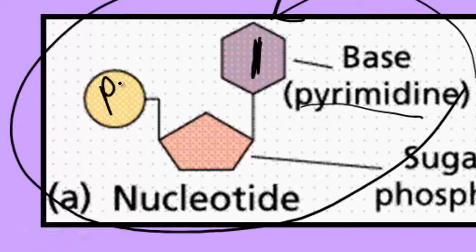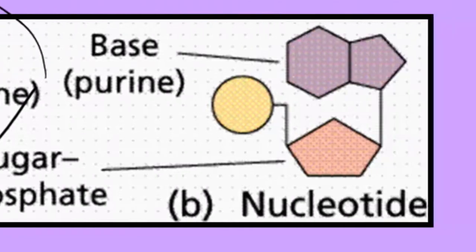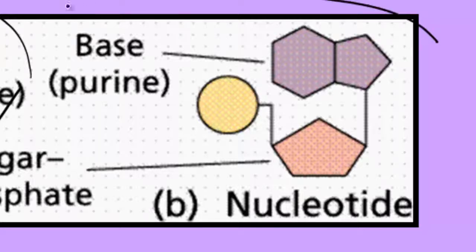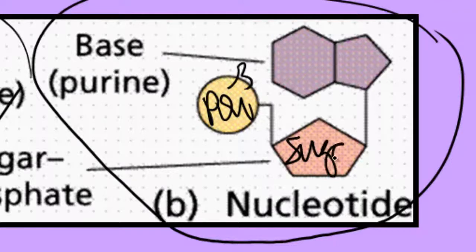So you have a phosphate group here, you've got a sugar here, and then you've got this base that only has one ring on it. If you look at a nucleotide with a purine, you'll notice again, here's the phosphate, the sugar, and here's the nitrogen base. It's a purine because it has two rings attached to it.